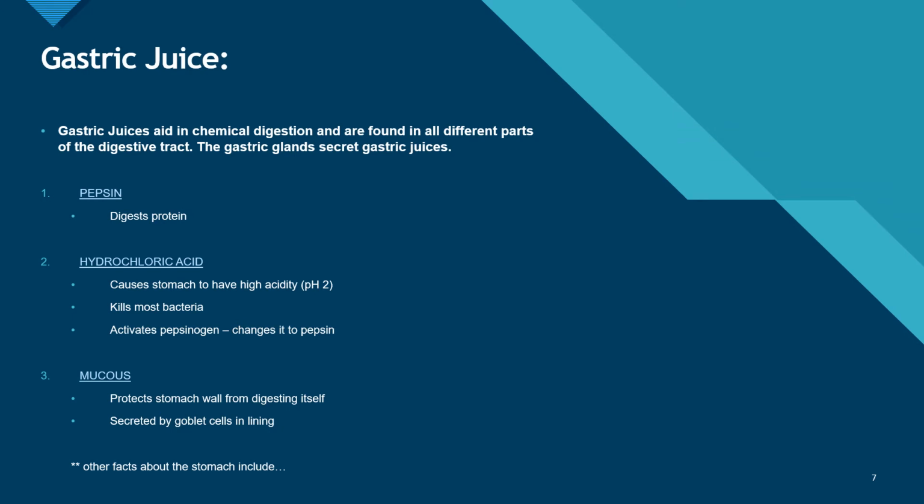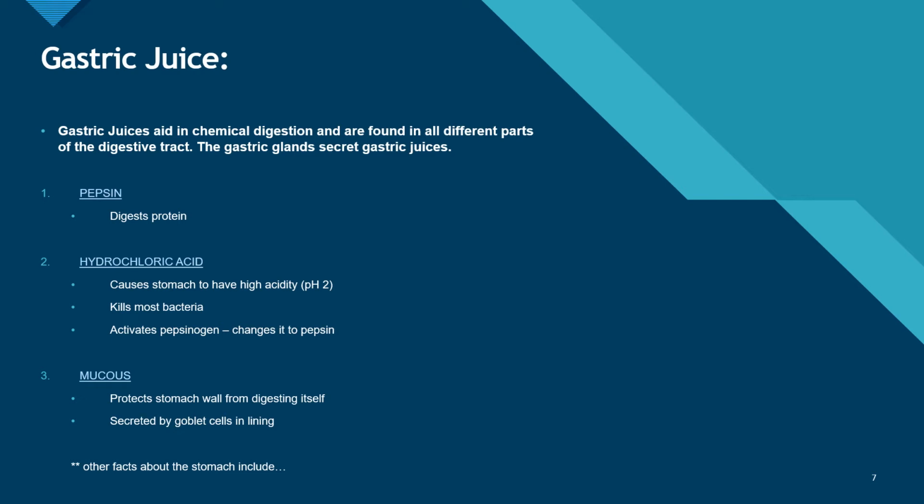In the stomach, there is something called gastric juice, and you can find this all over the digestive tract. Gastric juices aid in chemical digestion and are found in different parts. The gastric glands secrete the gastric juices. These are three of the main ones that we're going to be talking about: pepsin, hydrochloric acid, or HCl if you remember from chemistry, and then mucus.